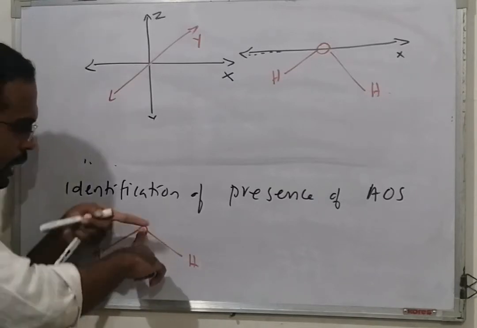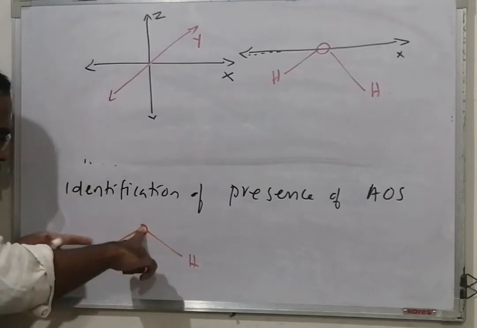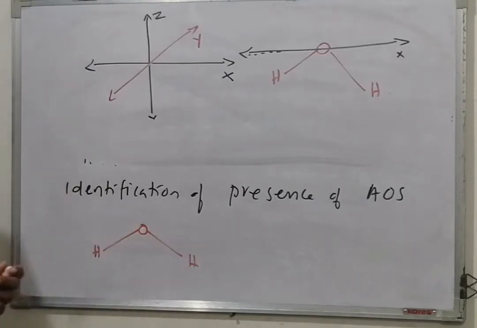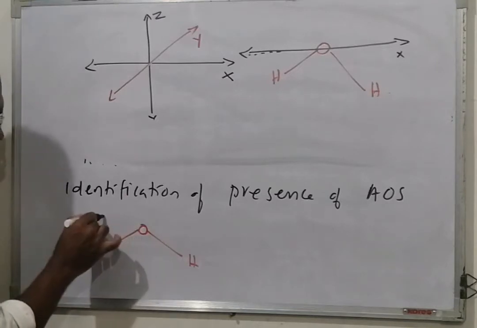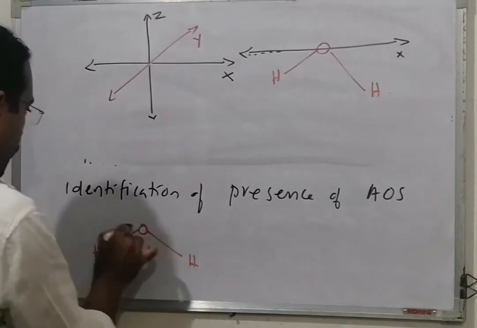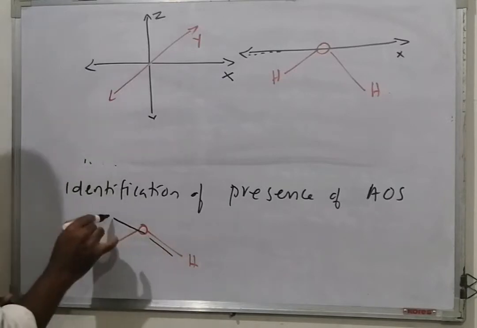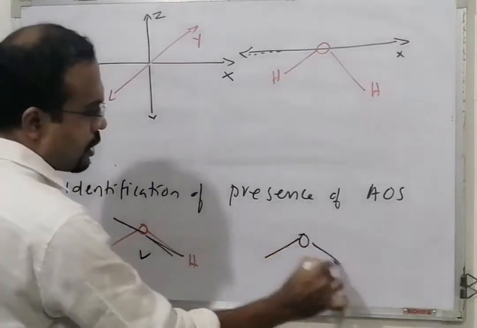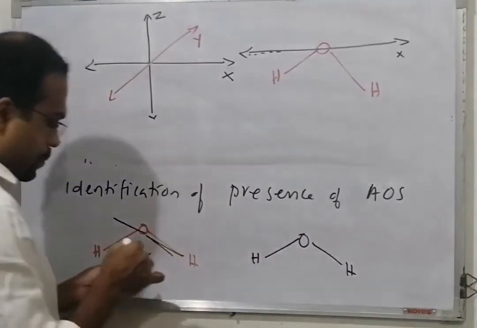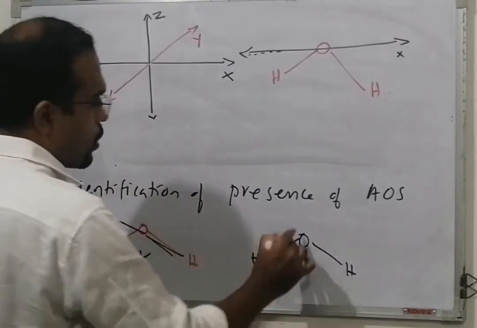Yes, because one edge here is like that edge there. Now let us consider the z-axis like this.